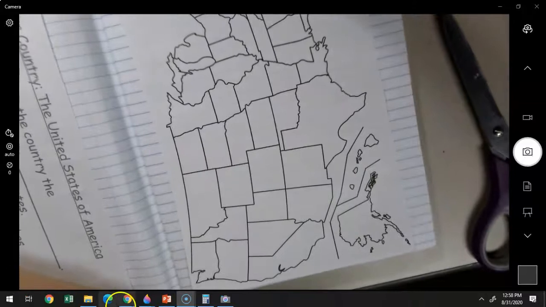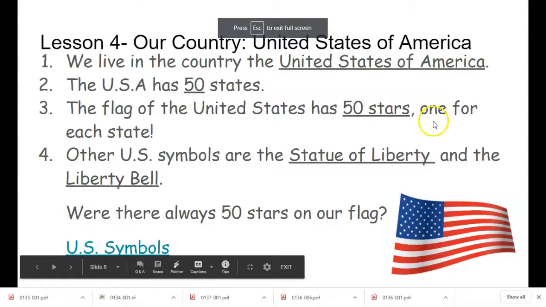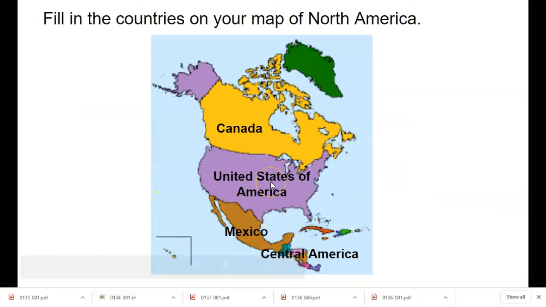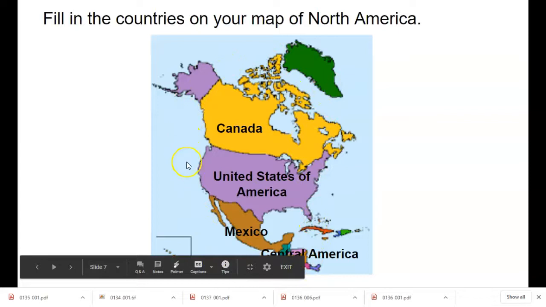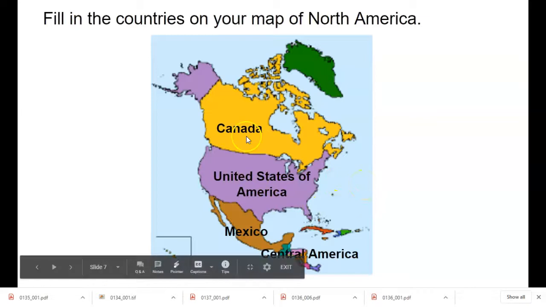Okay, so let's switch over to our note page. And let's look. So we learned last time that we live on the continent of North America, and that on the continent of North America there are a variety of countries, but there are 3 big ones, and that's Canada, the United States of America, and Mexico.